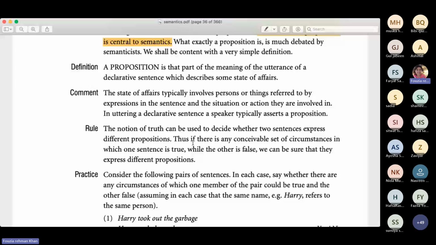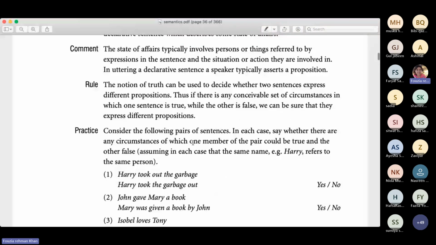So if the idea is similar in two sentences, they are presenting one proposition, right? So if one is true, the other sentence would be true for that particular situation. So one proposition can have two sentences, and two propositions can have two sentences. Two ideas presented in two sentences. One idea presented in two sentences or utterances, right? So we'll move to the examples and things will be clear to you.